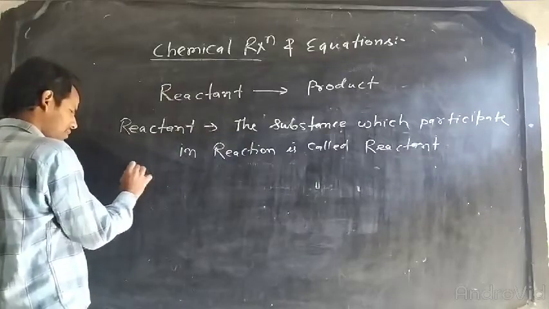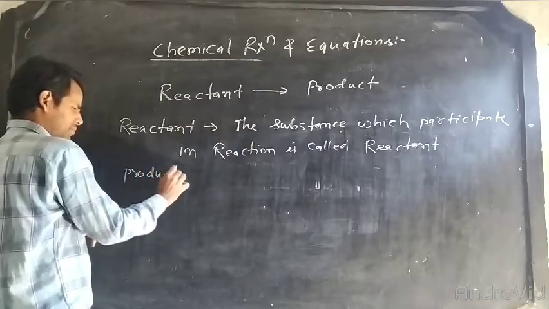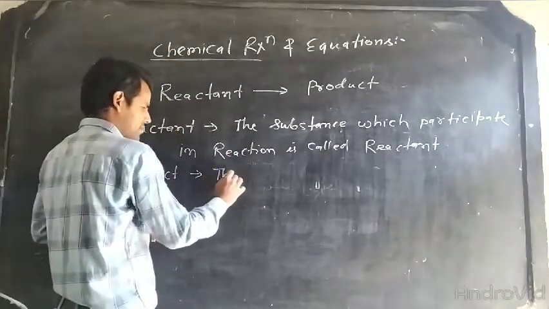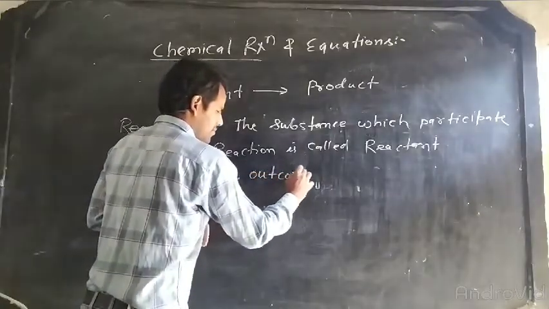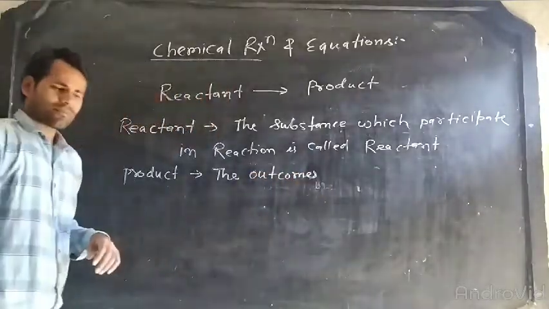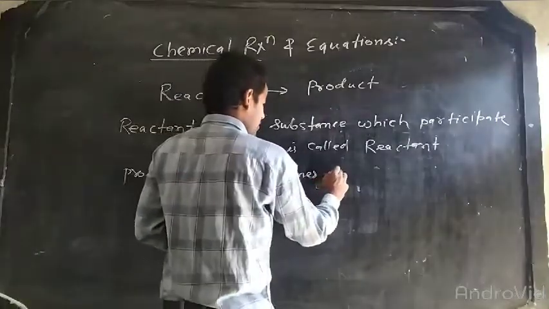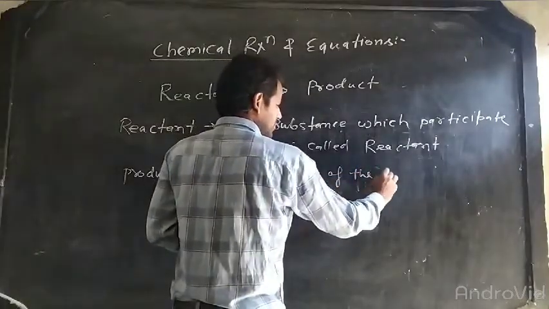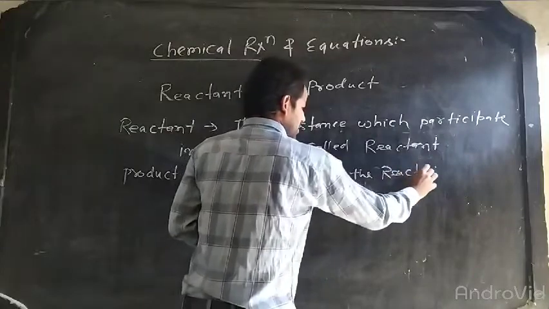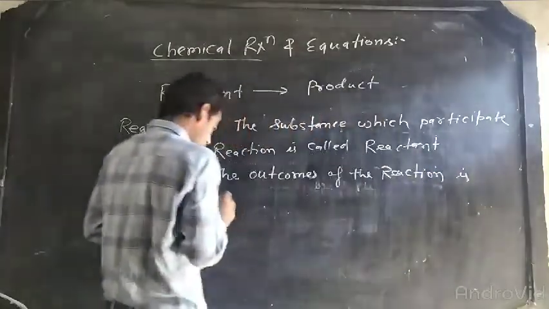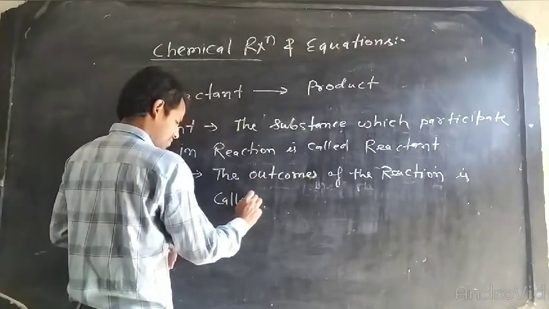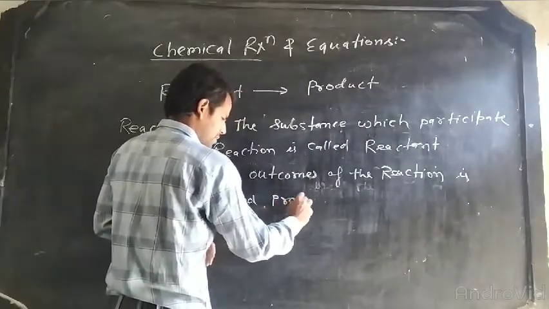And what is a product? Product means the outcome of the reaction is called a product.